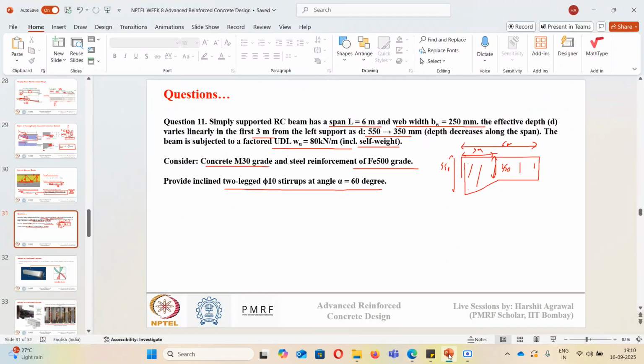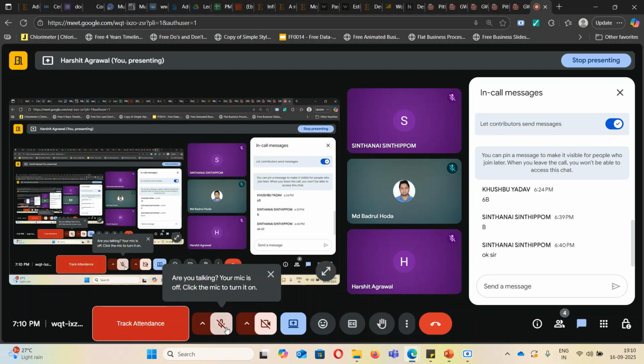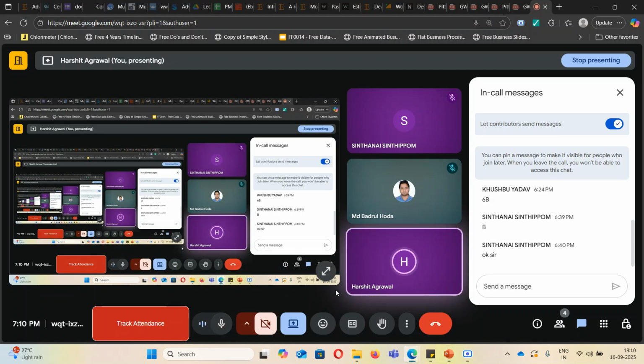Can anyone tell me how we will approach this question?